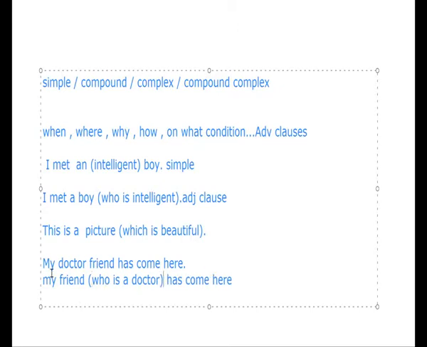Where is the primary sentence? My friend has come here. And who is a doctor is extra information. That is an adjective clause. This is the way I make it. At this point, you don't have to make these, at least if you are in a position to identify these units, you are on the track. Still, I haven't talked about errors. Later, I talk about errors.